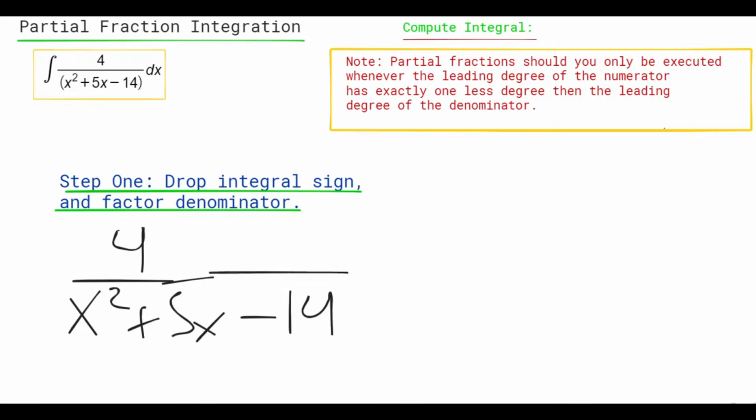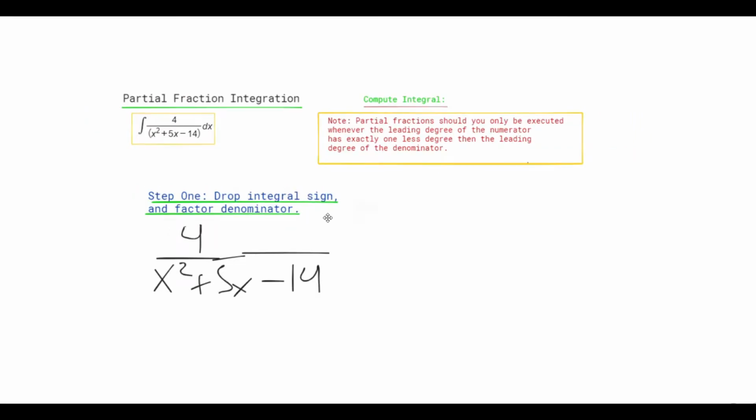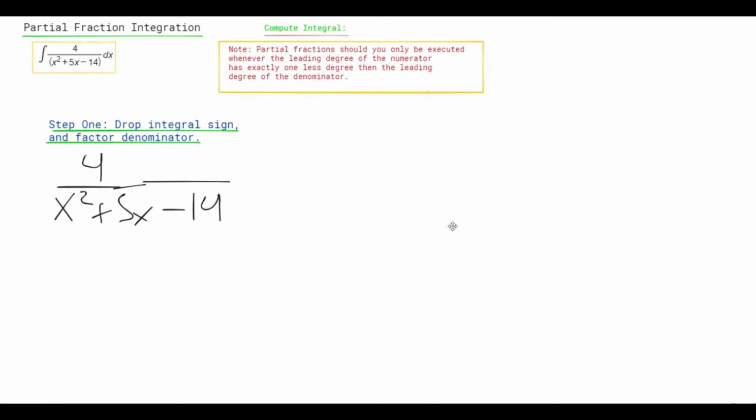And right now we're not worried about the integral sign because we're not going to use it anytime soon. So right now we just have to factor out the denominator.